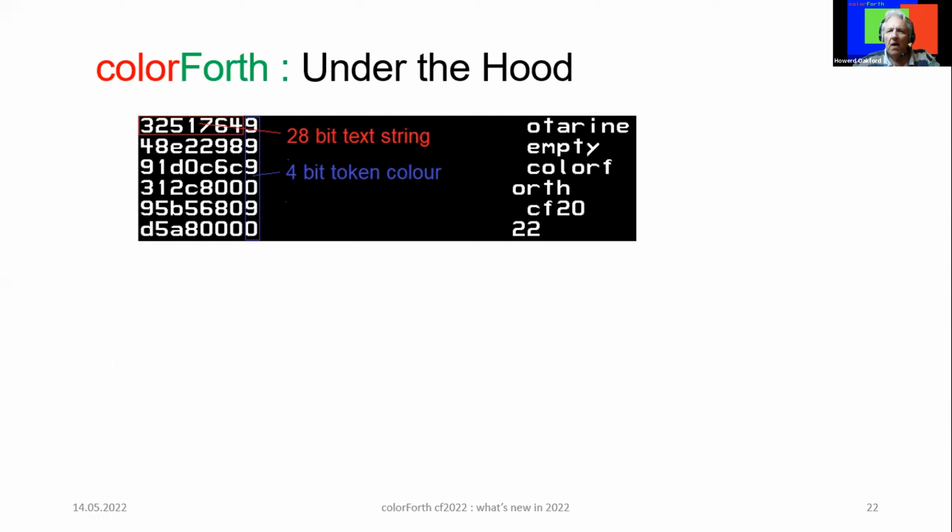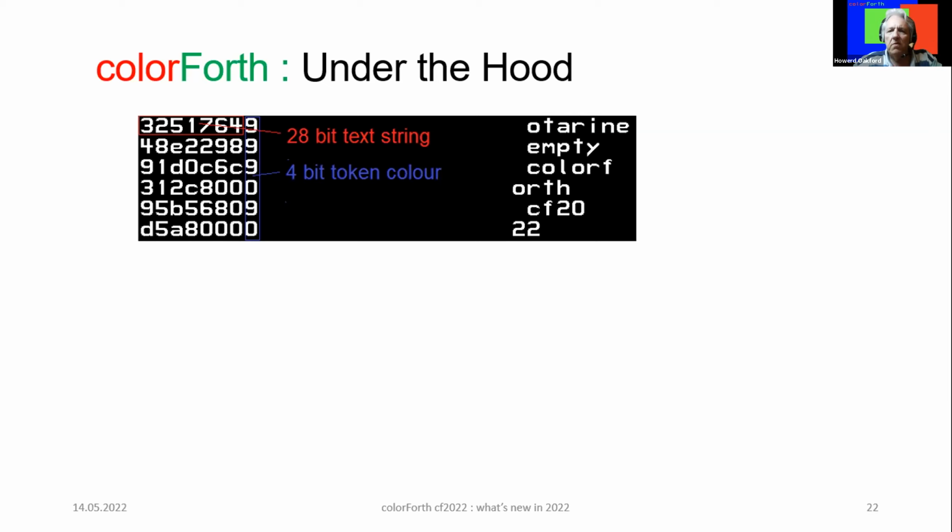I still think it's useful because it means that you can have a dictionary which only has 32-bit tokens, so it's very quick to scan through a list of 32-bit values. But it does mean that you're only realistically going to get uniqueness over the first 6 characters.